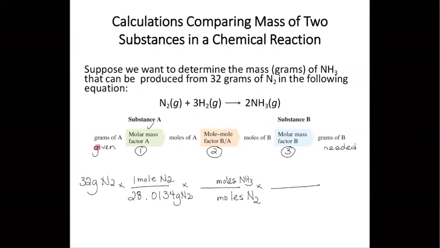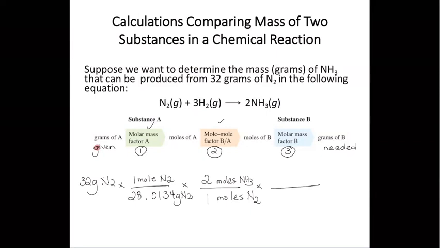How many moles of ammonia do I have in my balanced chemical equation? Let's put it in the chat. Great job, 2. How many moles of N2 do I have in my balanced chemical equation? Excellent job.